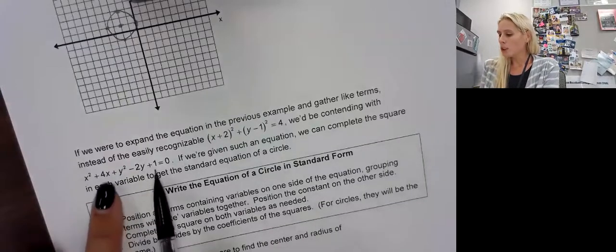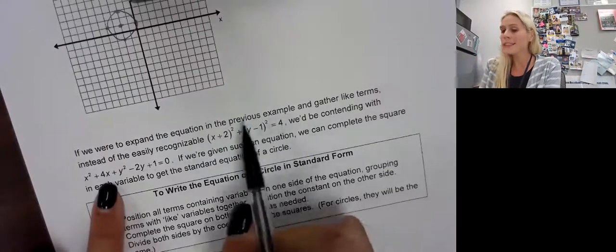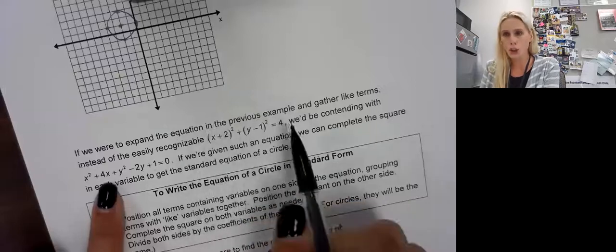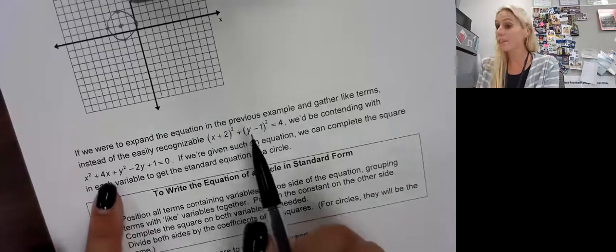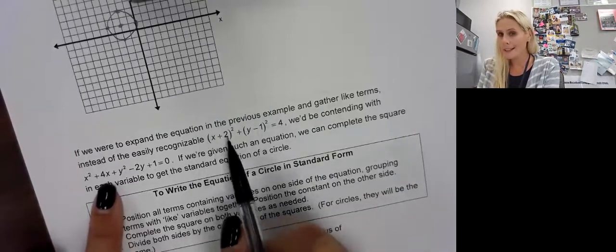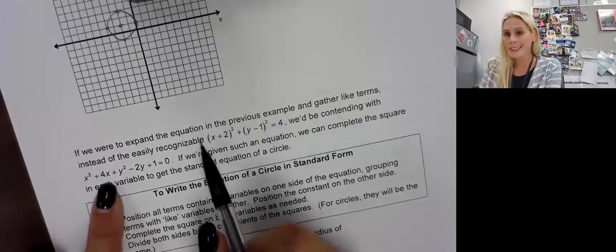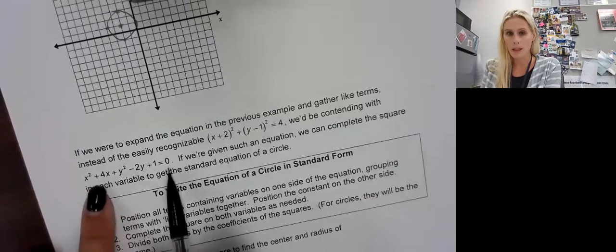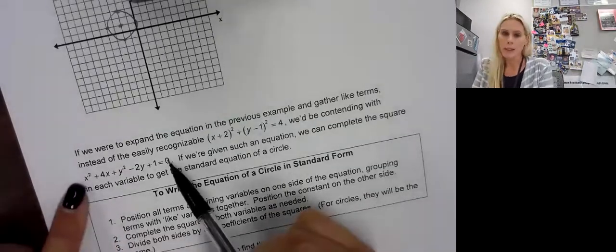What I just said, if you're still confused right now, this is our standard circle equation, okay? Because it has the center and the radius. But if I were to expand it by squaring this out, and moving everything to one side, this is what we would come out with. So we also have to ask, what if we started with this?